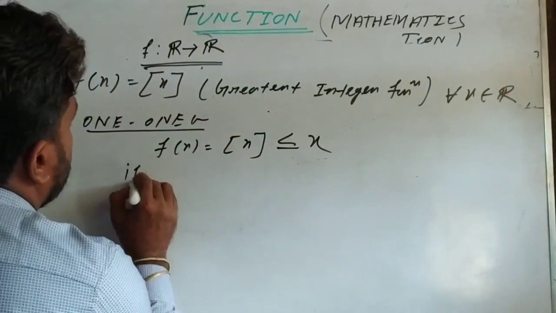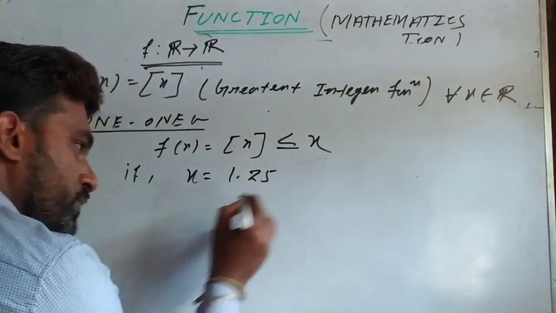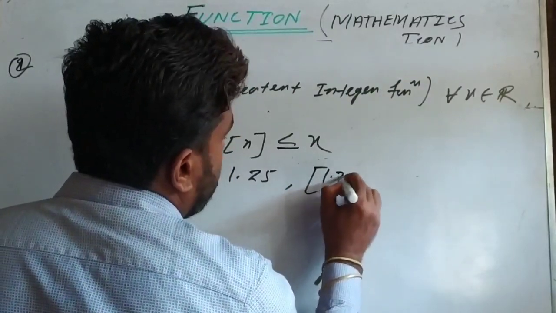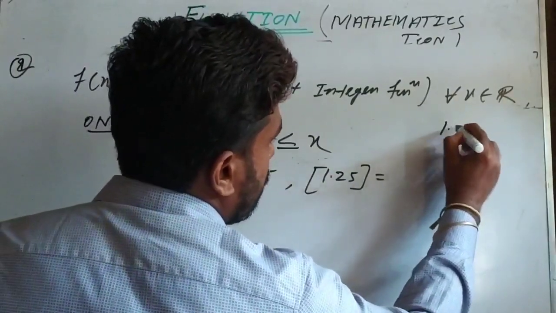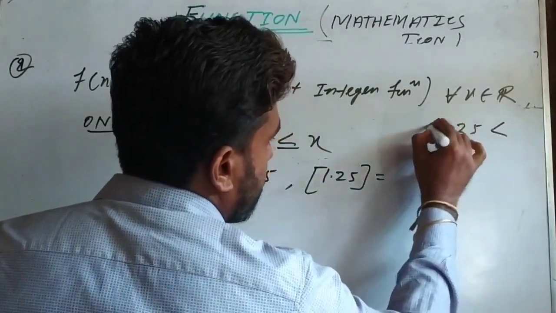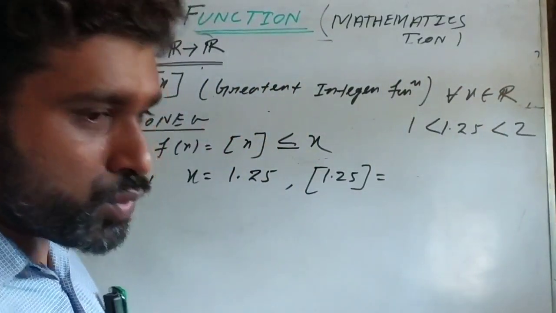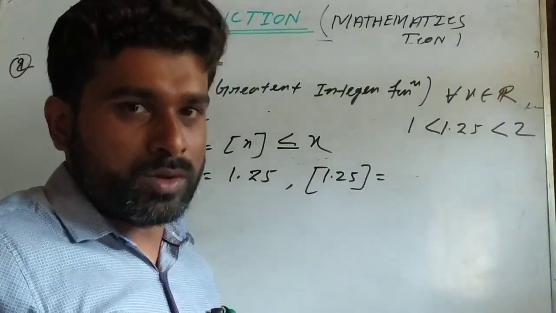So now if x equals 1.25, suppose, what will be the answer for box of 1.25? If you have a decimal number, at first we have to select the two immediate integer numbers.